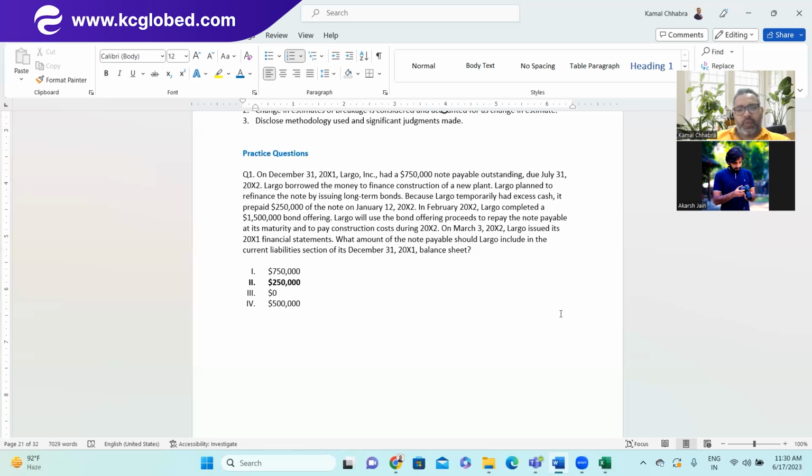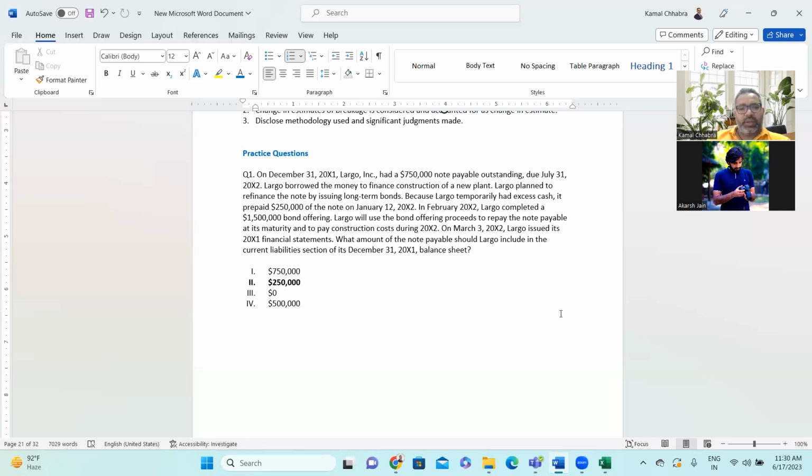What amount of note payable should Largo include in the current liability in December balance sheet? So the question is how much Largo needs to disclose in the current liability. What do you need to disclose in the current liability, which you are expecting to be paid in next 12 months? Yes, right. So here the total note payable you are having is $750,000, right?